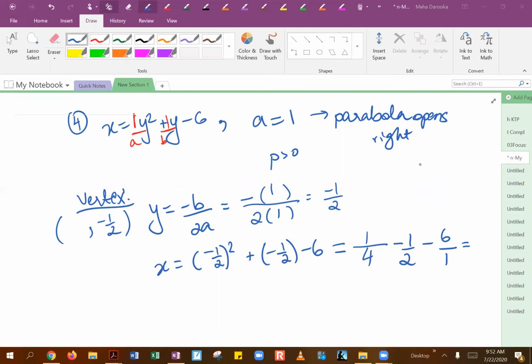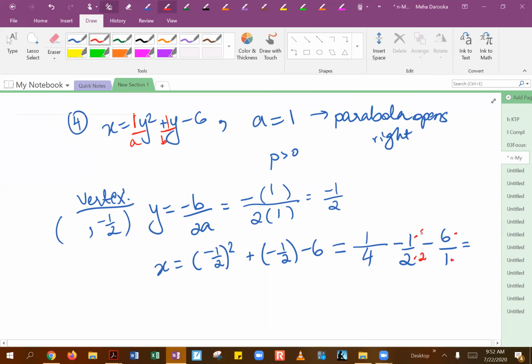Again, you can throw this into your calculator or you can try and find common denominators for all of them. Okay, Morgan, you've got -25/4. Lori, you got the same thing. Yeah, because you can do 4 as your common denominator.